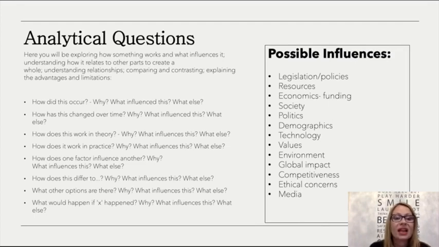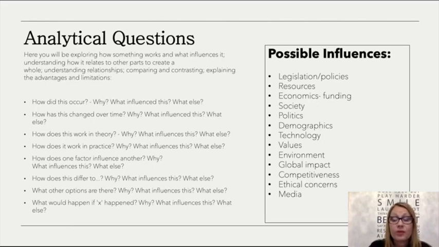Other questions include, how does it change over time, for example? How does it work in theory? Or maybe you'll think about how does that work in practice, or even compare the two. We're thinking about how one might influence the other. You might think about how it differs to different contexts, different environments, for example.